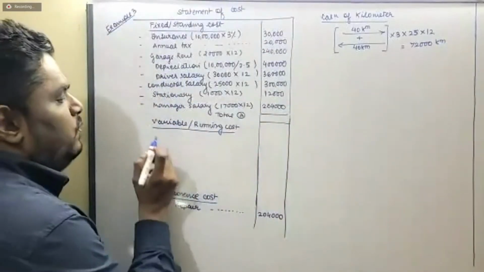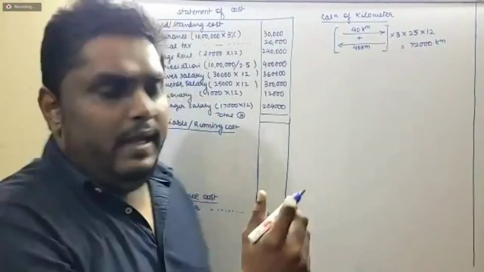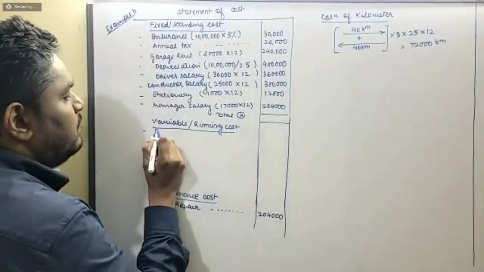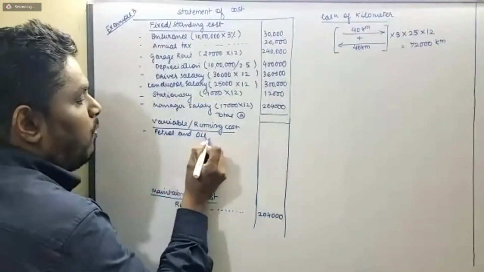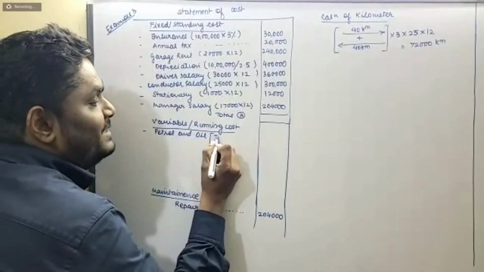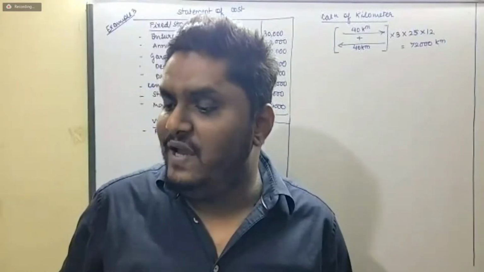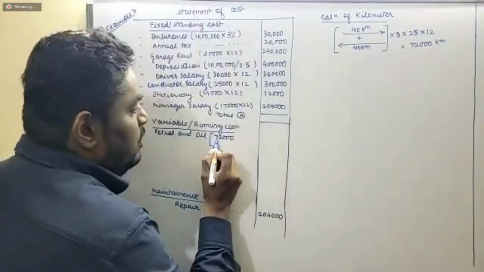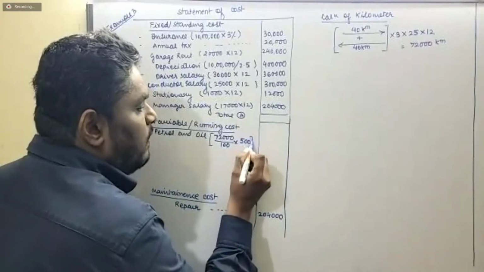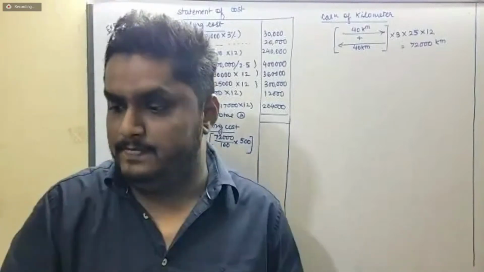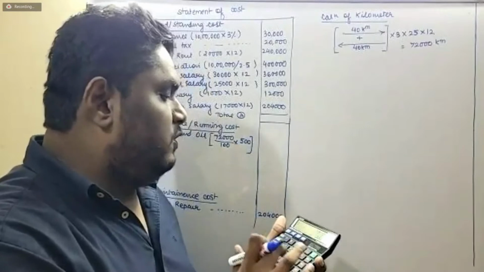So we can easily calculate the cost of the petrol and oil. That is 72,000 kilometers, and the cost is rupees 500 for every 100 kilometers. So 72,000 divided by 100 into 500.